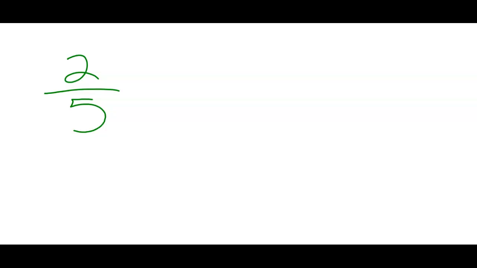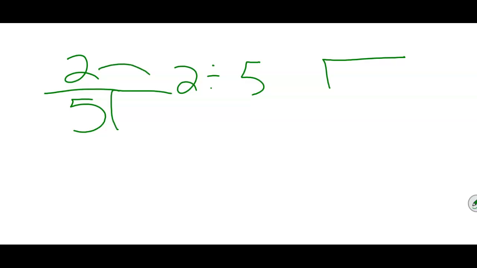2 divided by 5. Okay, setting that problem up. Long division. Remember, you can build your house and your tube falls down. 5 on the outside, 2 on the inside. Does 5 go into 2? No, 0.